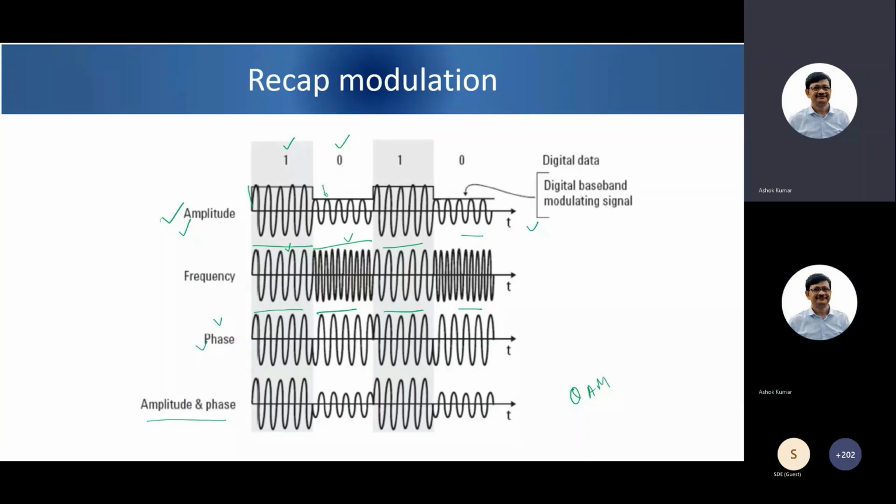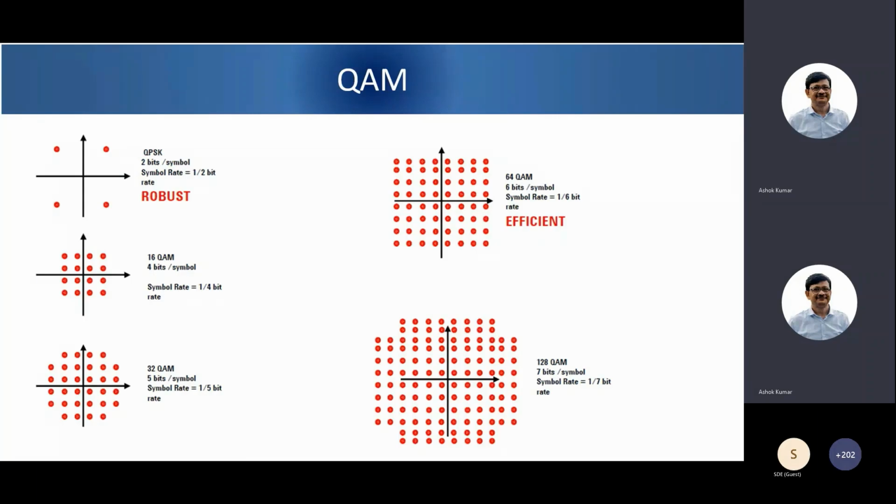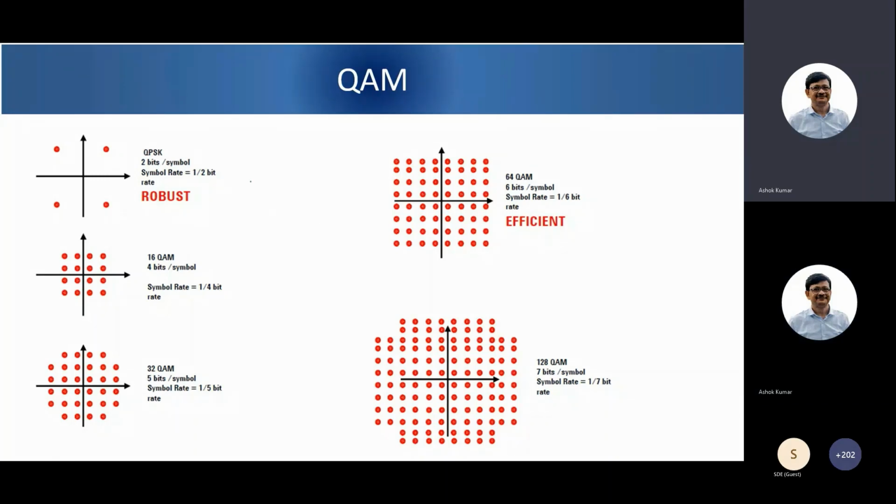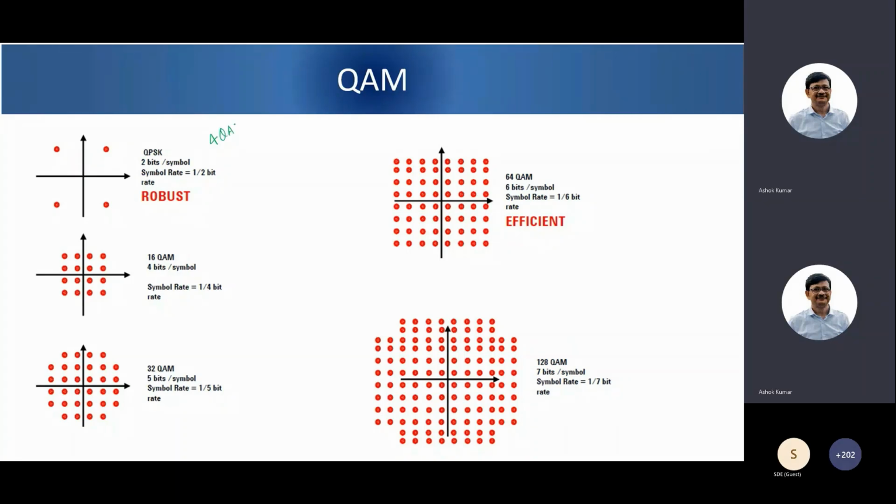If you look at this kind of picture, in quadrature amplitude modulation, let us talk about 4 QAM, which is also called simple QPSK. We have this much amplitude and this much phase, this much degree.